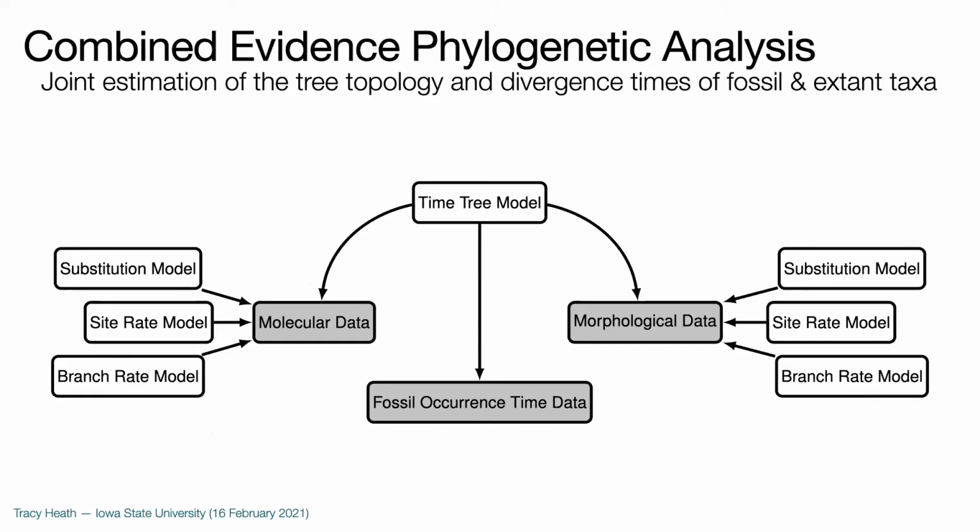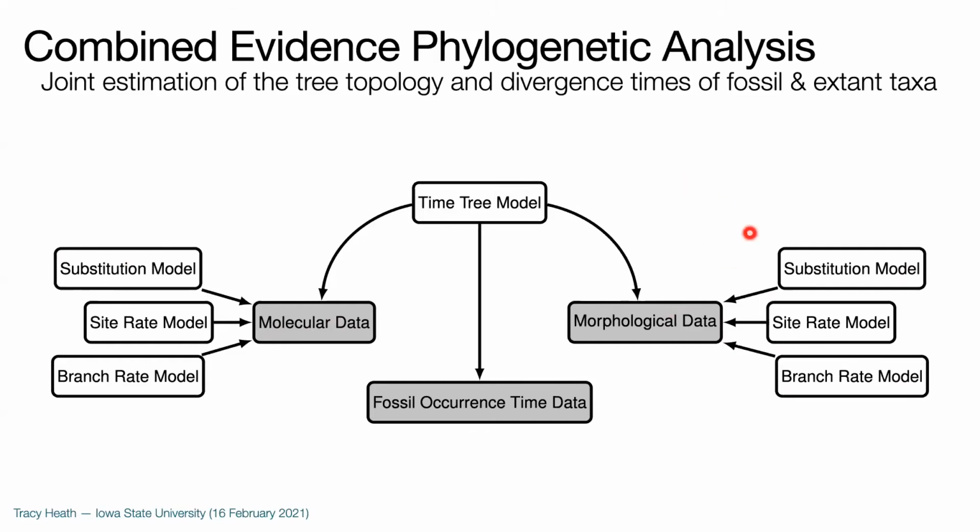And so this is describing the generating process that's responsible for giving us these sets of observations. And we have models associated with each of those. We have a substitution process and rate models associated with our molecular data. Likewise, we have a discrete character morphological model and sets of rate models giving rise to our morphological characters.